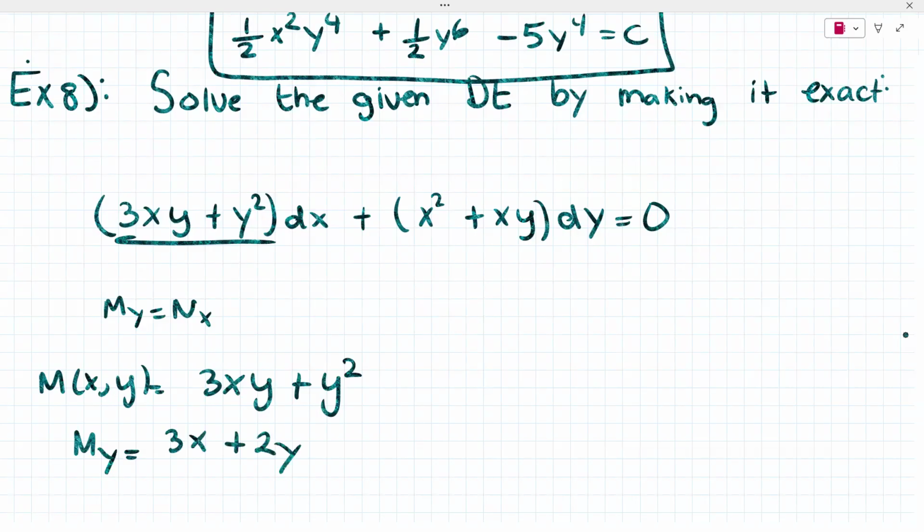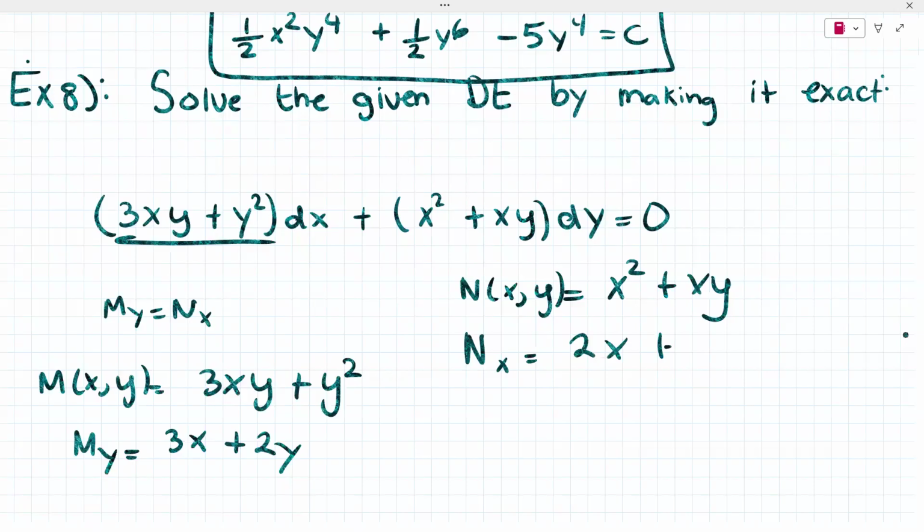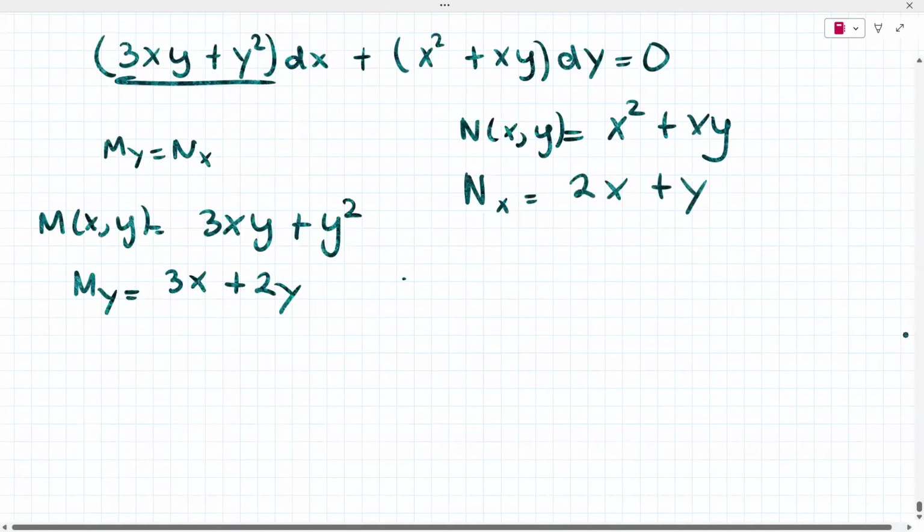And then my N of xy is x squared plus xy. My N of x is 2x plus y. So they don't equal each other, right? These two do not equal each other.